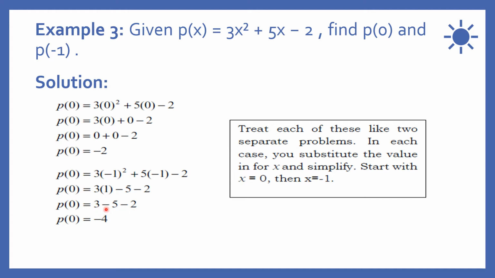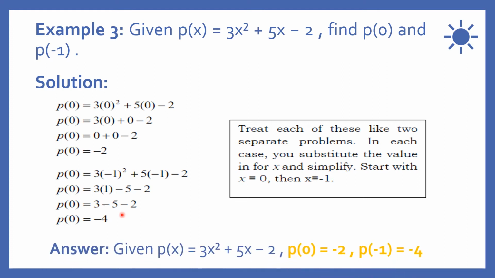So, 3 minus 7 is negative 4. I-apply natin yung rule ng signed numbers. No? So, negative 5 plus negative 2 is negative 7. So, 3 minus 7 is negative 4. So, kung ang value ng x natin ay negative 1, ang y natin is negative 4.